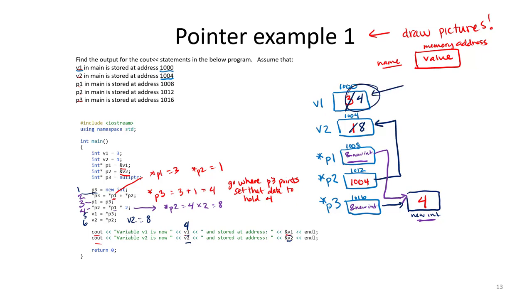And we know that V1 is currently stored at address 1000. We also know variable V2 now holds the value 8, and V2 is stored at address 1004.